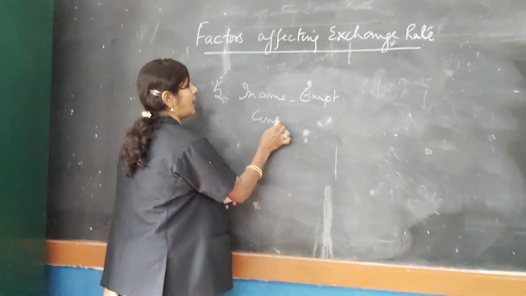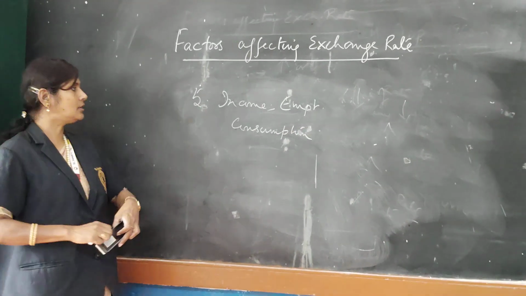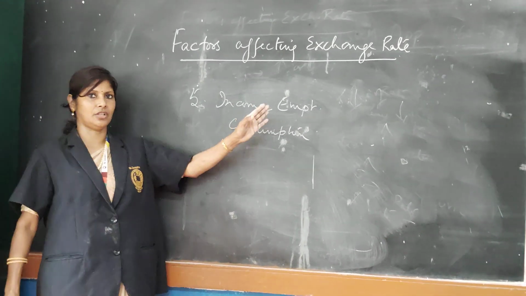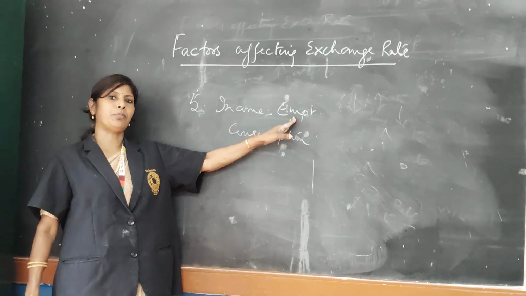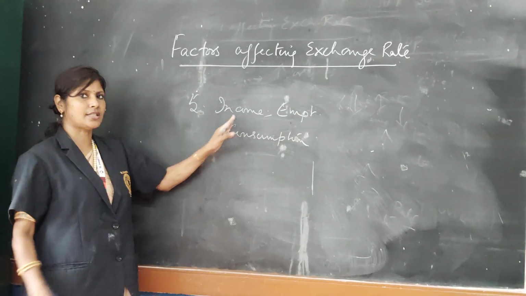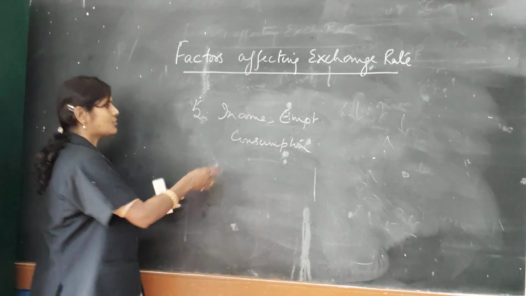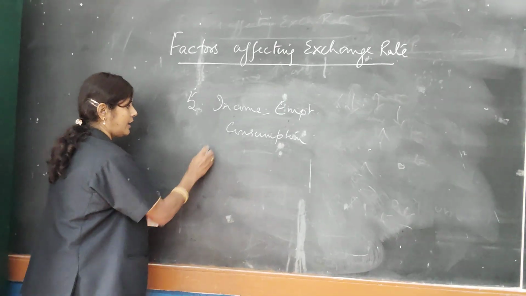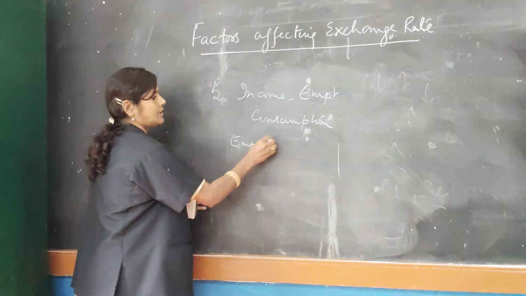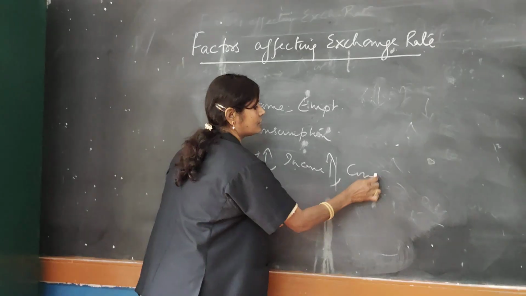So these three are the factors which are interlinked to each other. So when there is a good employment opportunity available in that country, it will lead to increase in the income, and it will also increase the consumption, right? So basically when the employment increases, income increases, okay, then the consumption also increases.